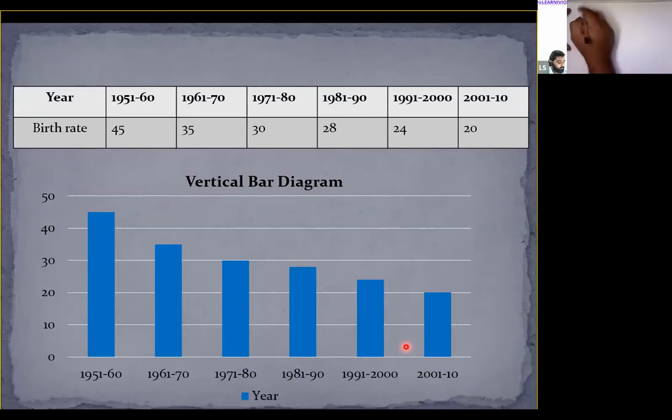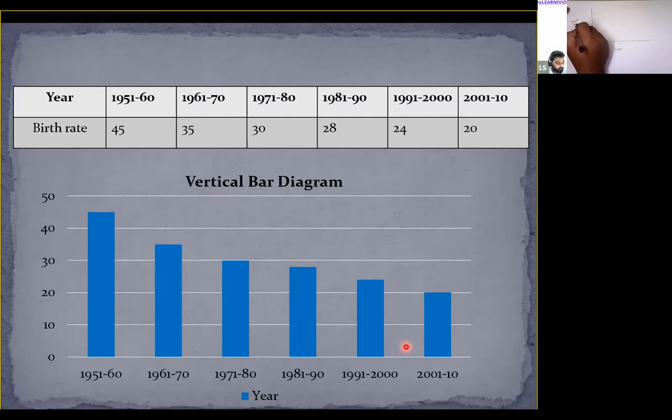See, in order to prepare the simple bar diagram, we will take two axes, y-axis and the x-axis. On the x-axis, we will take the years. On the y-axis, we will take the variables. And in this example, birth rates are the variables.